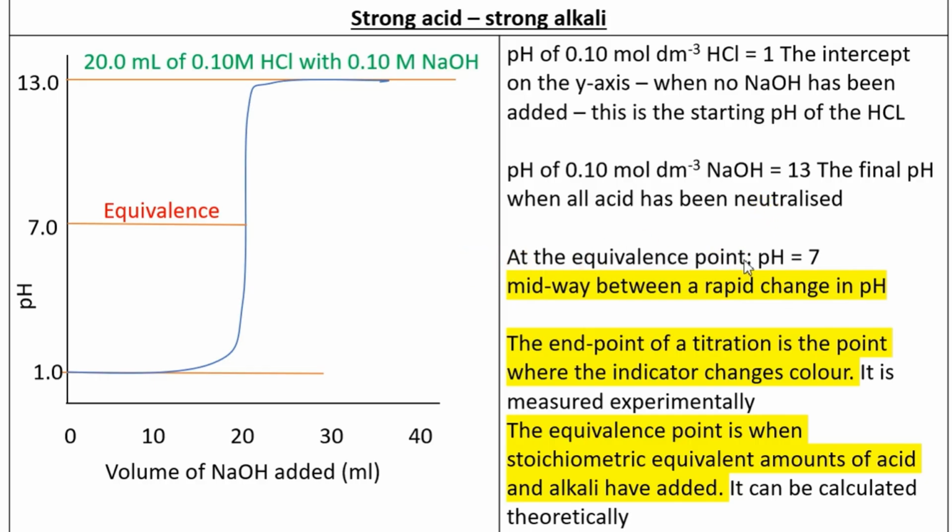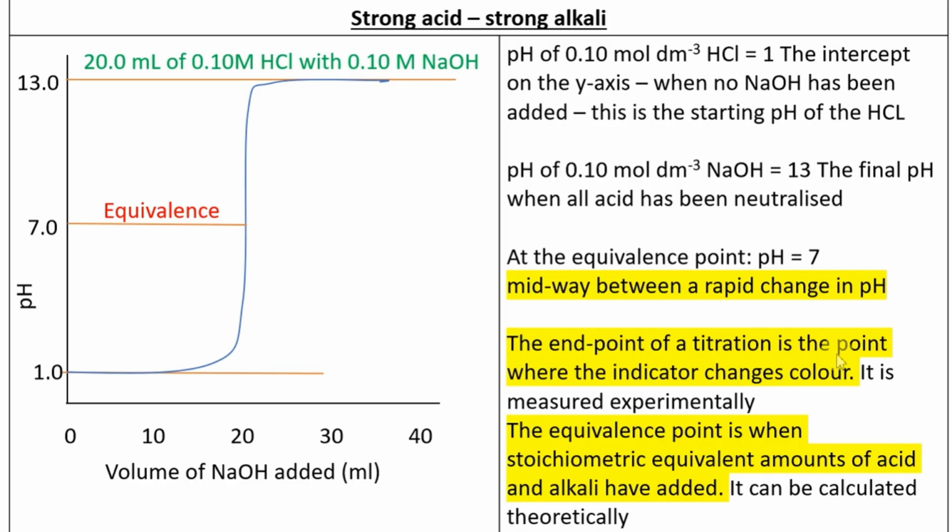At the equivalence point, pH is 7, midway between a rapid change in pH, which we can see when the expected 20 ml of NaOH has been added. A rapid change in pH and the equivalence point being halfway through that rapid change.